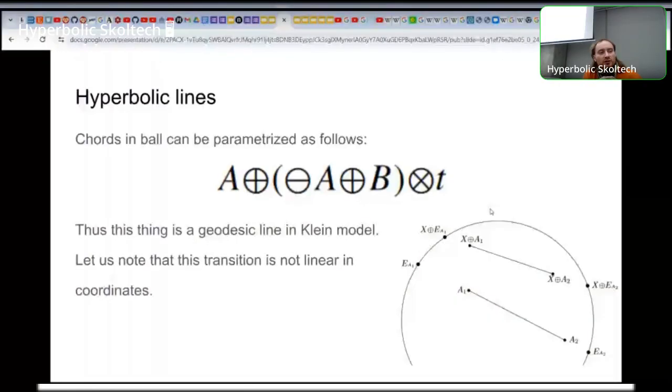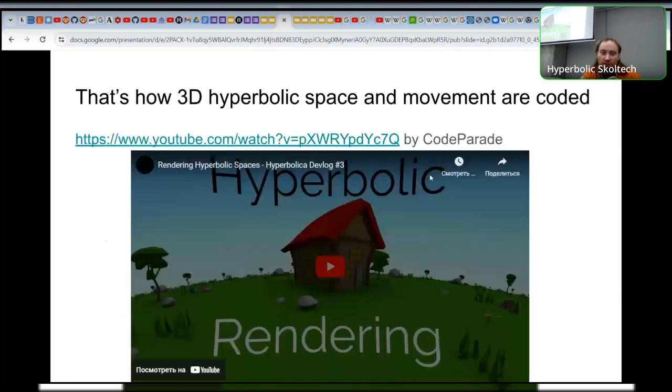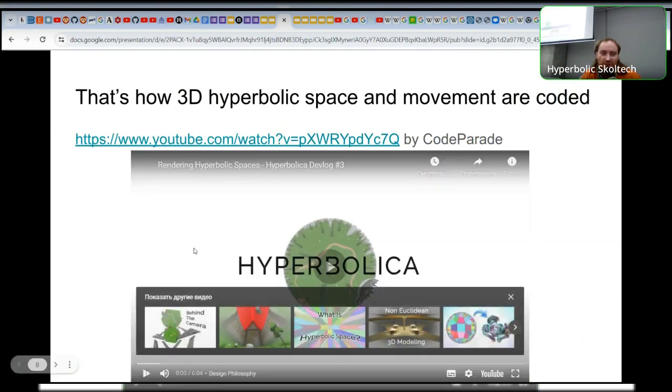Actually, usually in Ungar's framework this is essential, taking this kind of expressions for vectors as minus A plus B, with minus A being the opposite of A. I didn't check what will happen if we take B plus minus A. Actually, they are different by a gyrator.